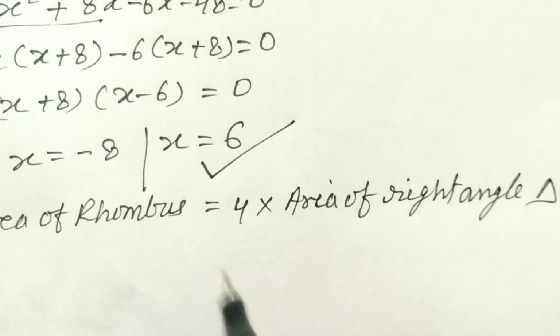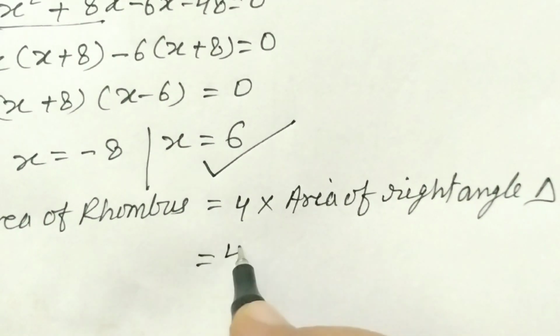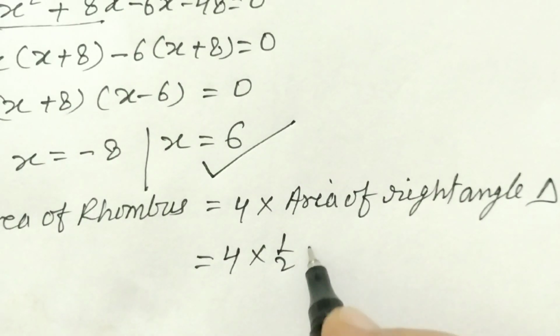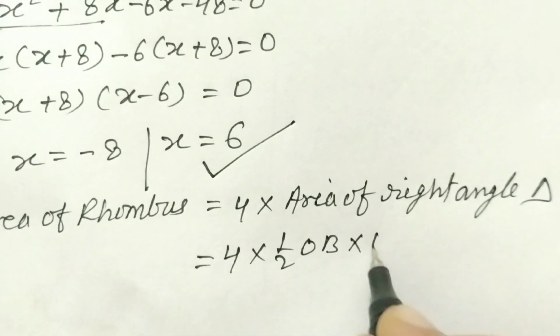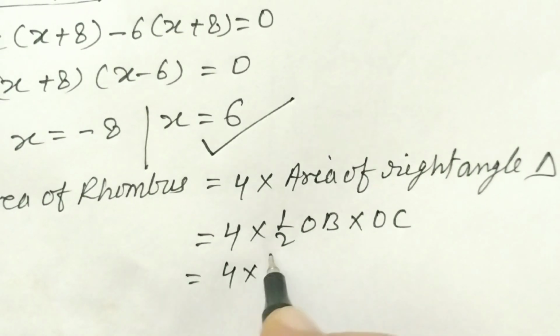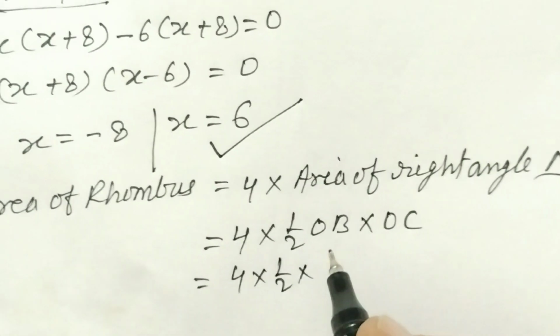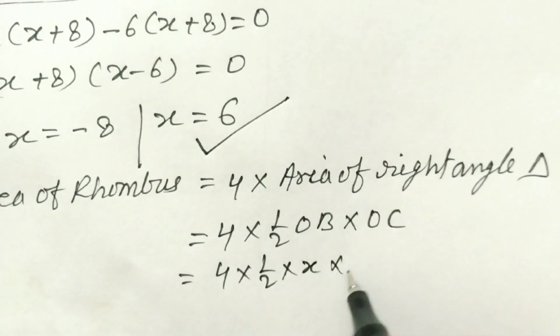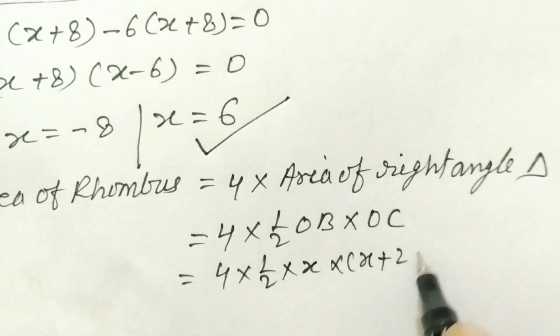So 4 into half into OB into OC, so 4 into half into x into x plus 2.